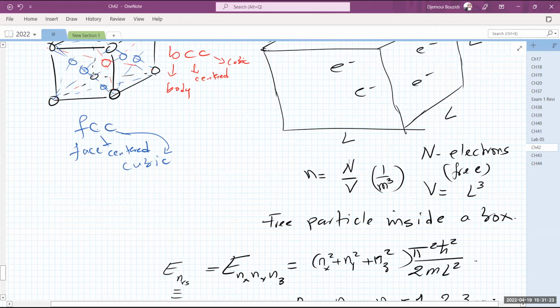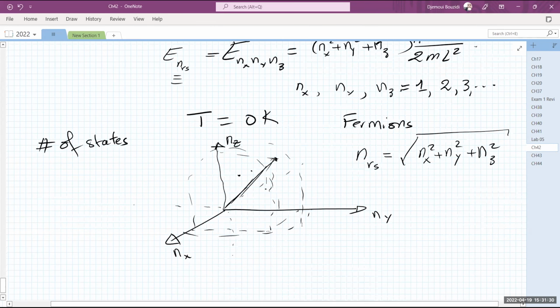That is the number of states available for my N electrons to fill this material. You may be wondering what happens when T is not equal to 0, and we're going to come to it. We're going to go a little bit higher than T equal to 0 and see what happens in that case. So this discussion is just for 0 Kelvin at this point. And therefore what I'm interested in is really the volume of the sphere.